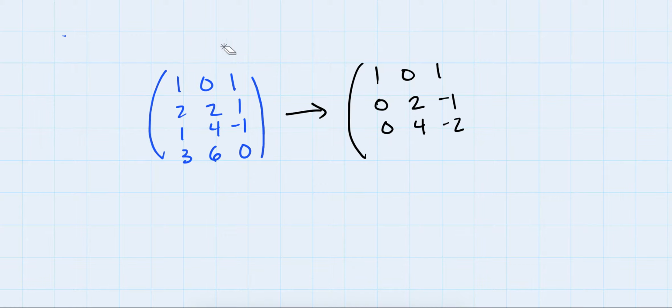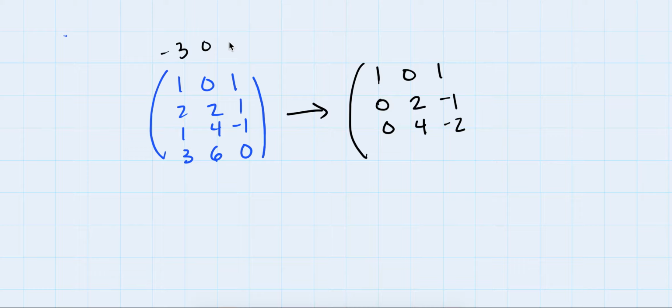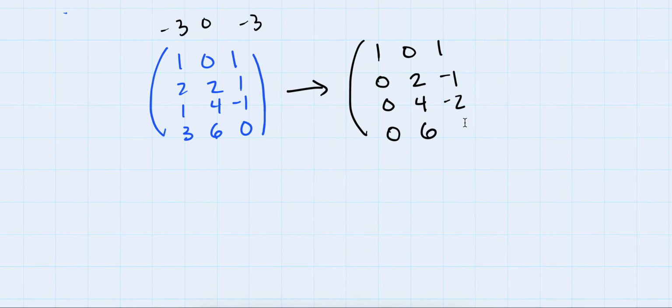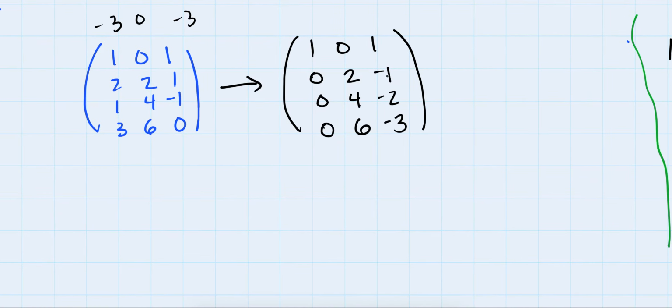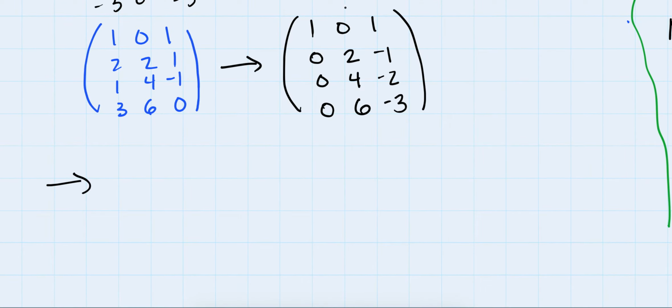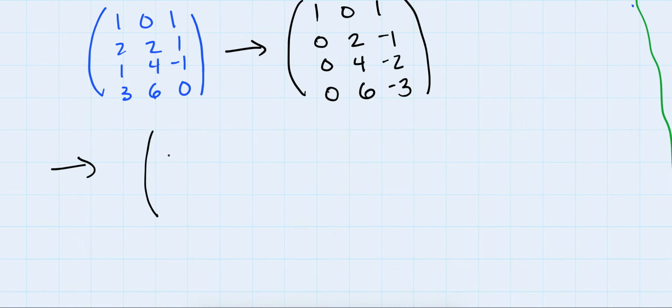Okay. Then multiply by negative 3. I get 0, 6, negative 3. What do you notice about these rows? Well, they're all multiples of the first row. So then I'm just going to eliminate these two rows and I get 1, 0, 1, 0, 2, negative 1, 0, 0, 0, 0, 0, 0.